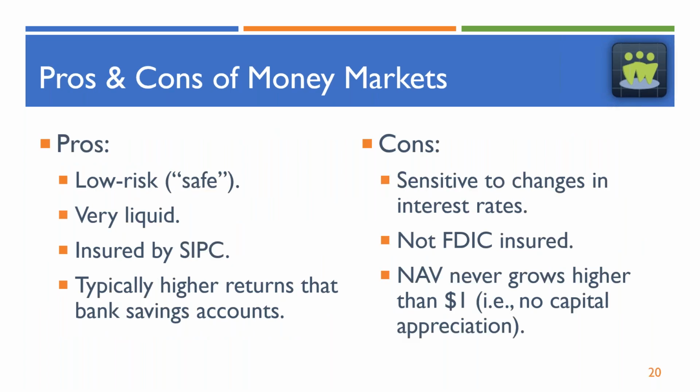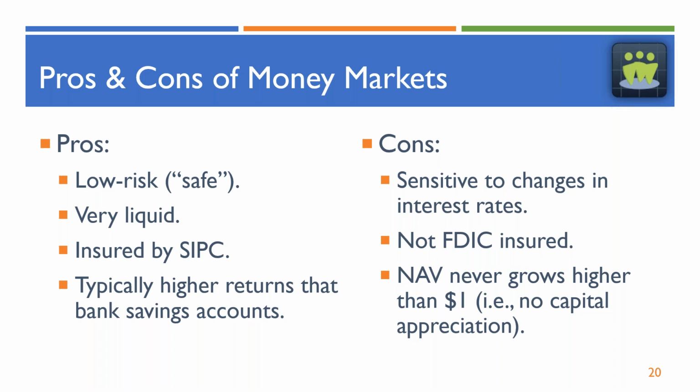This is where we talk about some of the pros and cons. As I mentioned 3 or 4 times in the previous screen, one of the biggest pros is low risk, safe investment, very liquid. Even with brokers allowing for doing all of your work through the website, it can still take a couple of days sometimes for everything to get settled if you're buying or selling shares.